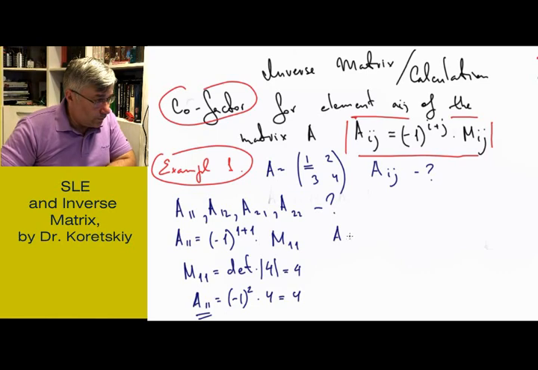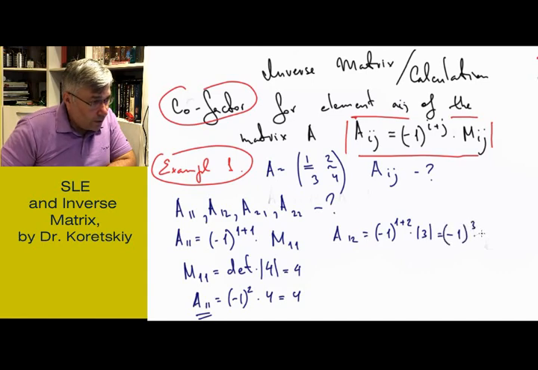A12 minus 1 raised to power 1 plus 2 times, A12 is 2. We have to reduce matrix by first row and the second column, and it is 3 just. Minus 1 raised to power 3 times 3, and it is minus 3.